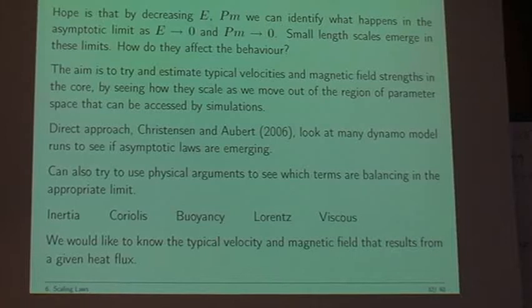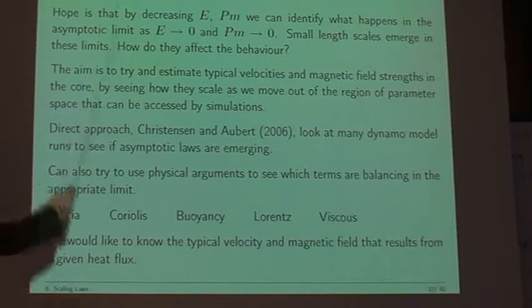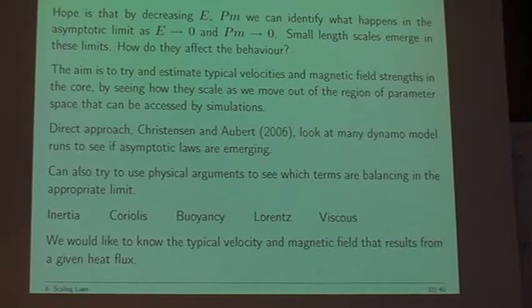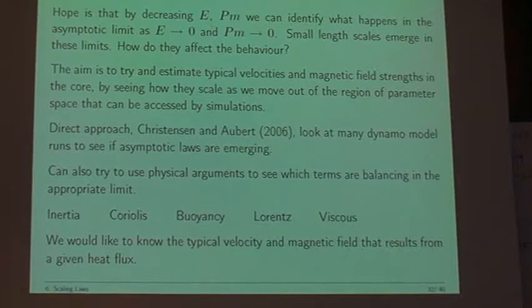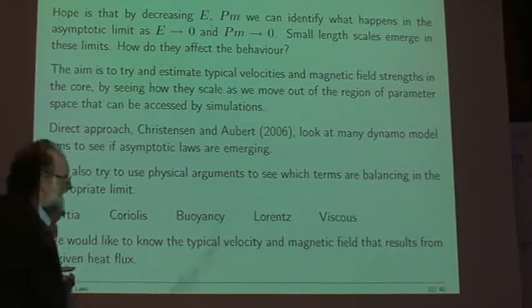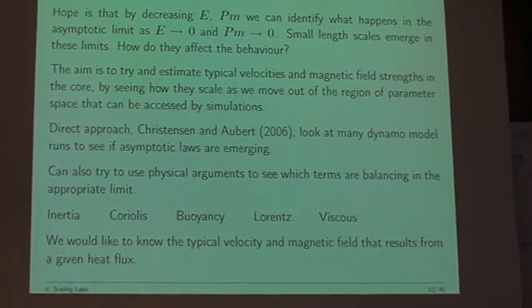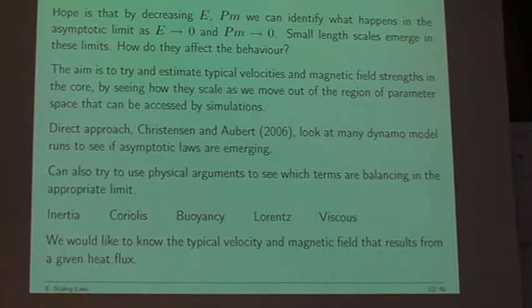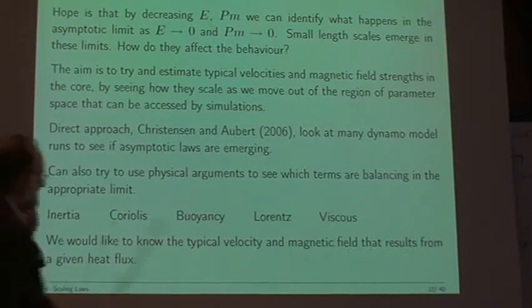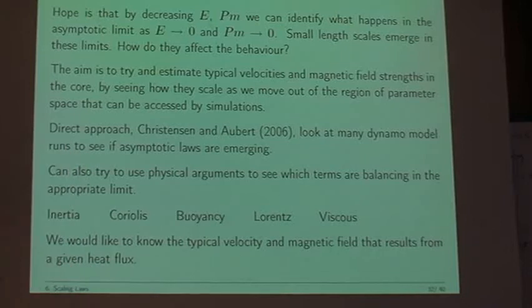And what we really need to know is, in strongly nonlinear convection, in the circumstances that are going on in the Earth's core, how do these things actually balance out together? It's easy to do this in terms of linear theory, but what actually happens when you get to strongly nonlinear calculations? We're trying to use physical intuition combined with simulations to work out exactly how this is operating.